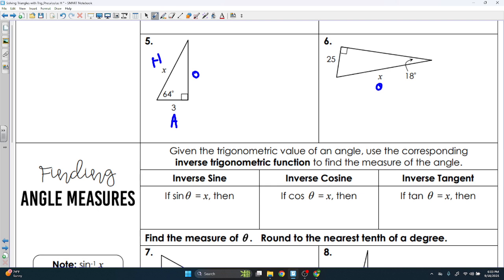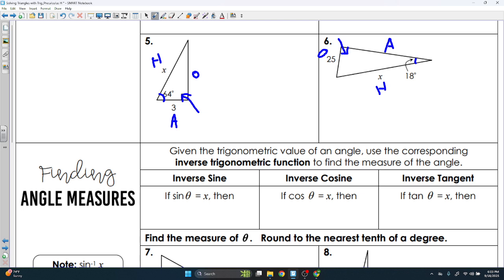Oops, sorry, that's not opposite. That's hypotenuse, that's adjacent, and that's opposite. It's all relative to where the angle that they're talking about is, so we're basing our opposite off of this angle and going opposite. Hypotenuse is always pointed to by the right angle. I try to make it into a little arrow that points to the hypotenuse.